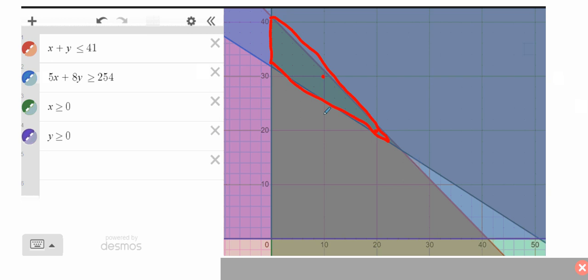I think these are multiples of 2, so a scale of 2. So we could work 8, and we could work lots of those. Any combination in that region is going to keep us within our time limit and above our money total.